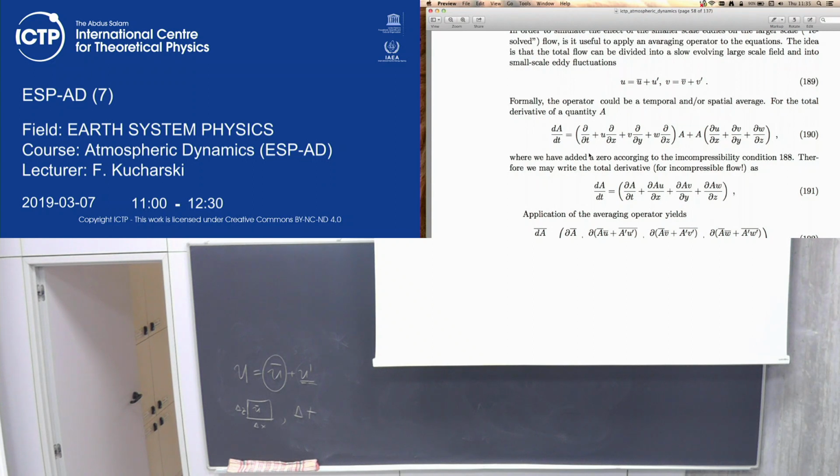This version we can get only if we have assumed incompressibility. You know how the flux version looks like if we have a fully compressible flow.